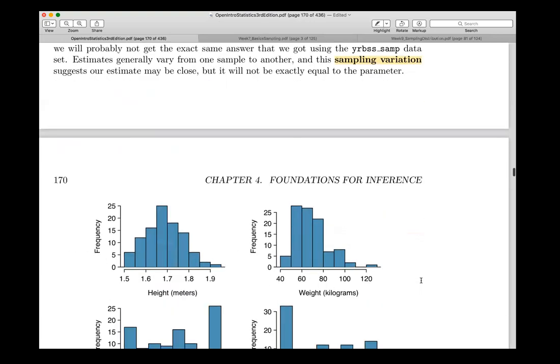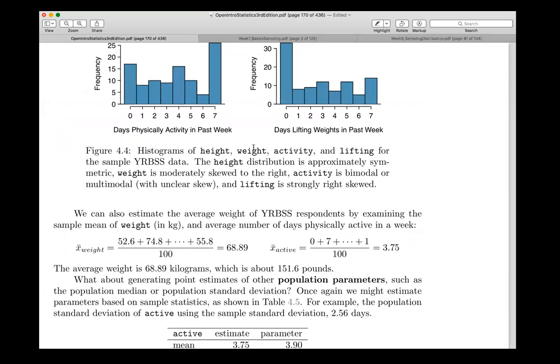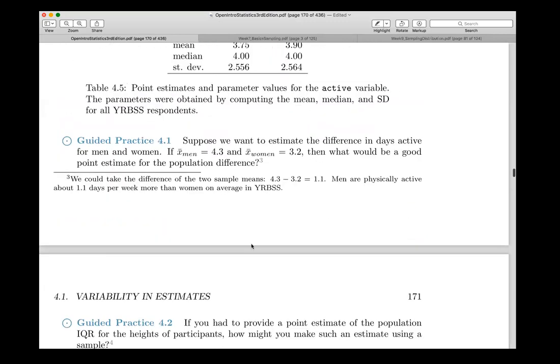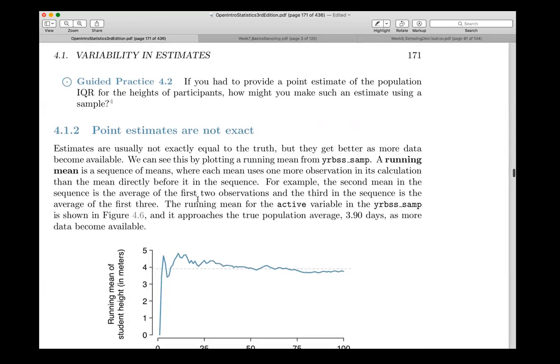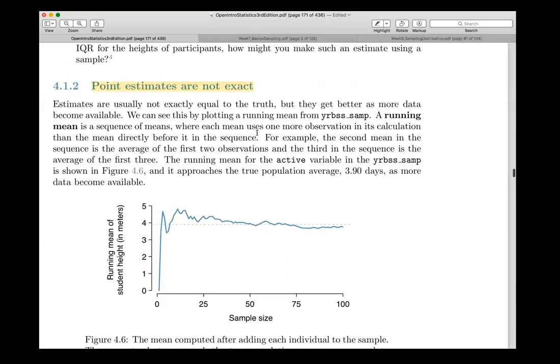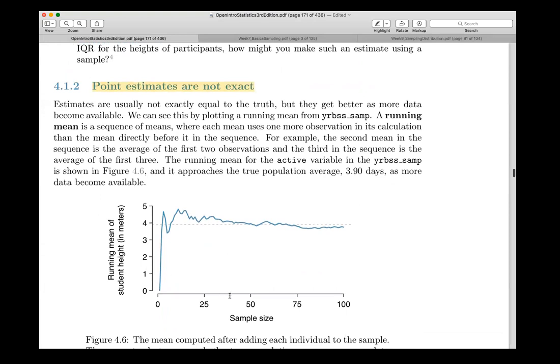Well, the good news is that while point estimates are not exact, as long as you take a random sample, and as the sample size increases to about 30, you're going to see that the accuracy of something like an average of height, our point estimate, is going to approximate the true population mean.